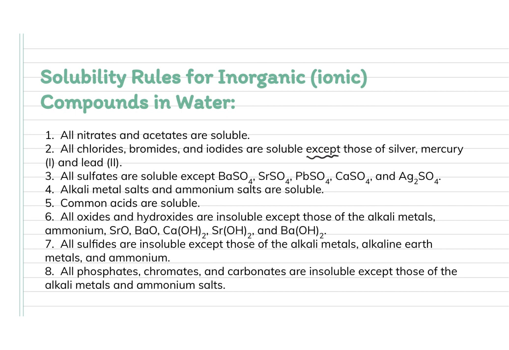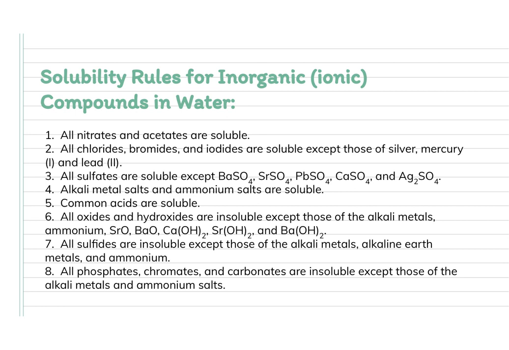You just have to read through the rules and see whether or not they apply to something you're looking at. So let's try some examples. Rule number 2 says all chlorides, bromides, and iodides are soluble except those of silver. Some hydroxides, so let's look through the list and see where we find hydroxides. Rule number 6: all oxides and hydroxides are insoluble except those of alkali metals.